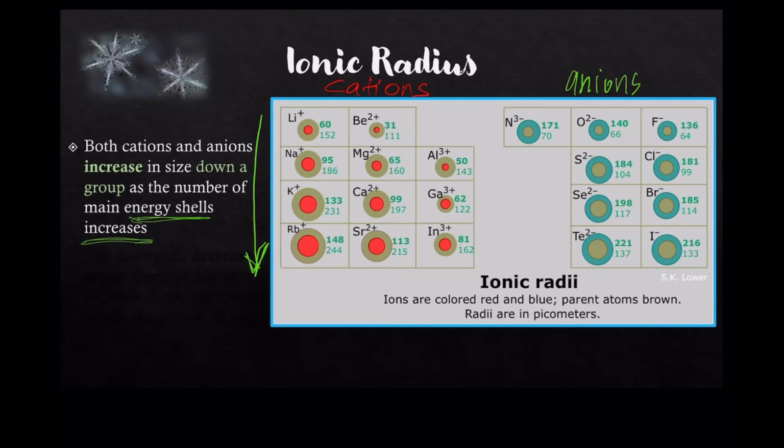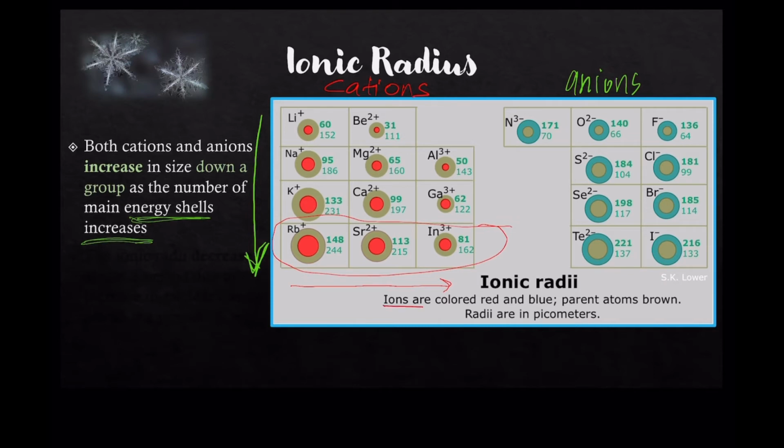Now let's take a look at what happens when we move across a period. So let's take a look at the cations first. Let's use the elements in period 5, shown here, as an example. So notice how as we move to the right, the ionic radius shrinks.